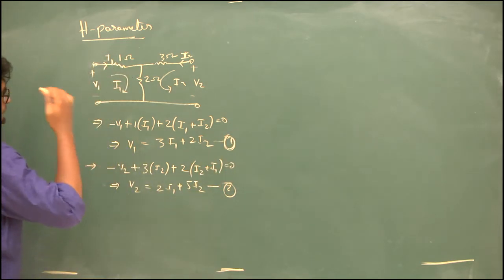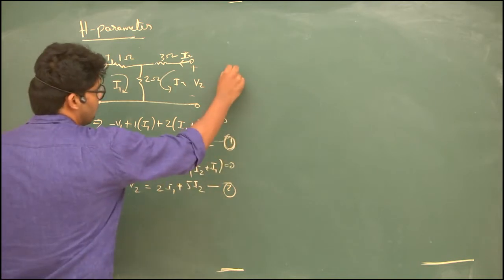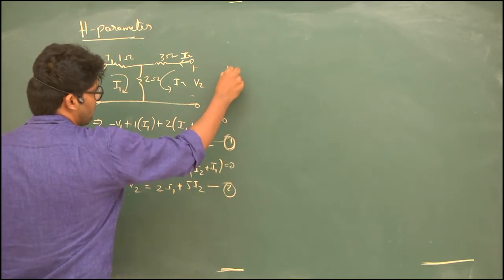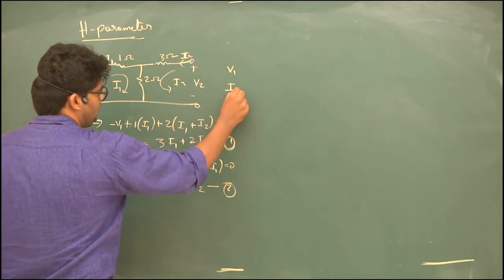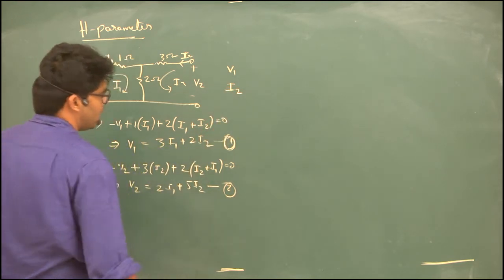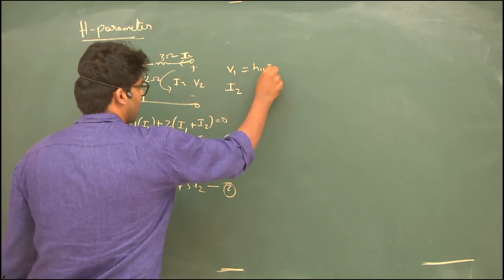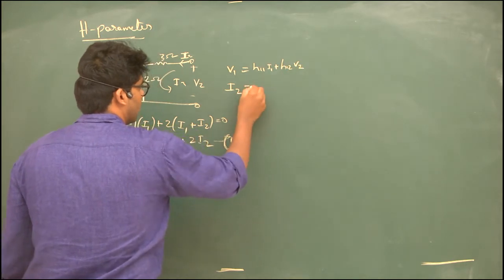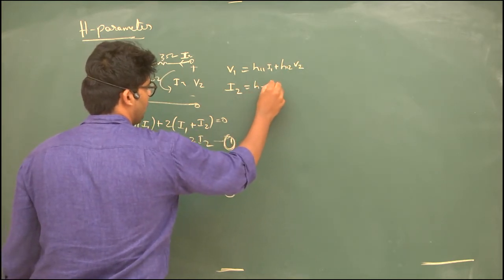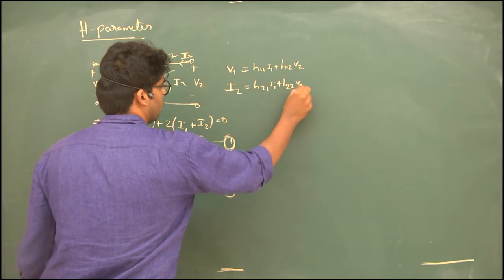But in our mind we have to find h parameters. In general, h parameters are represented with V1 and I2 as dependent variables: V1 equal to h11 I1 plus h12 V2, and I2 equal to h21 I1 plus h22 V2.